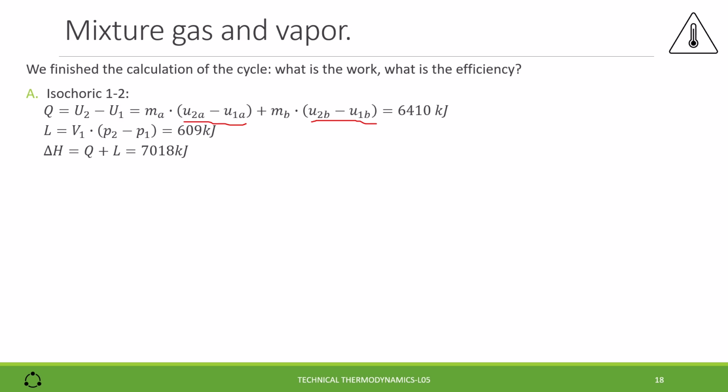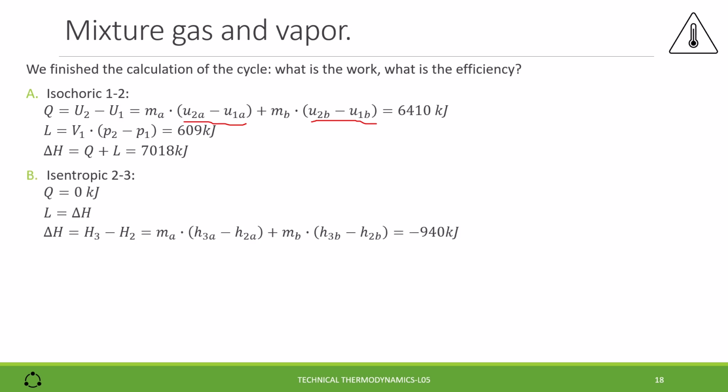The work is the product of the volume and the difference of the pressures. We find 609 kJ. Delta H, differential enthalpy, is the sum of Q and technical work, 7,018 kJ.